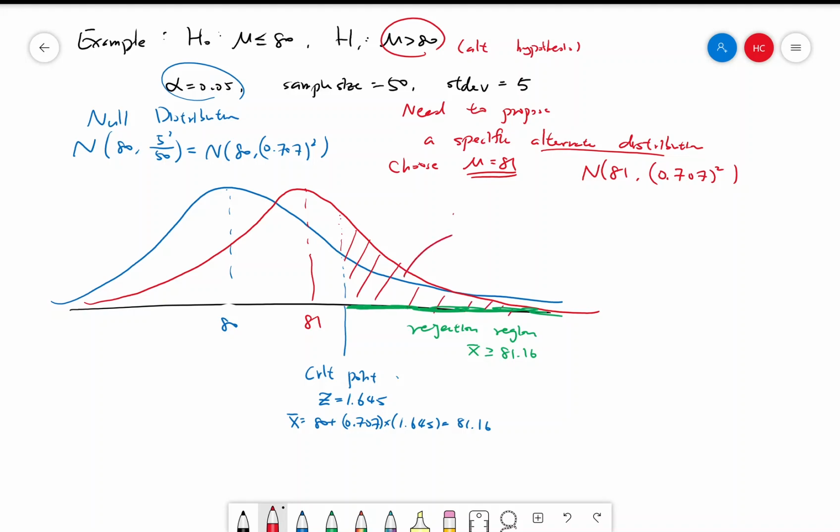So to calculate power, we now calculate the z-score corresponding to 81.16 under the alternate distribution. So the z-score is 81.16, but this time we subtract 81 and divide by 0.707. So this is equal to 0.23.